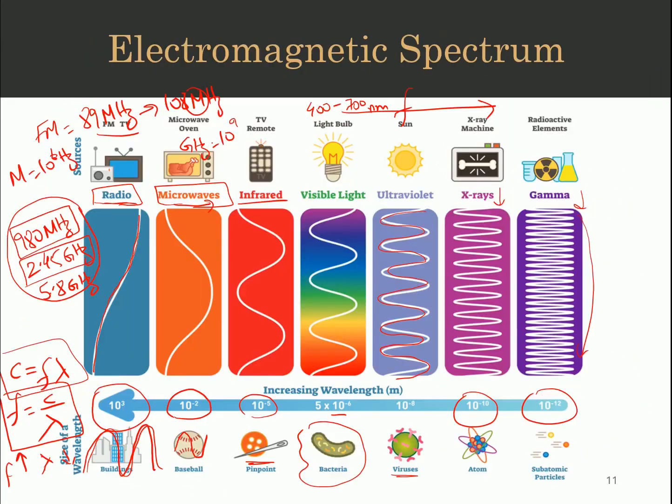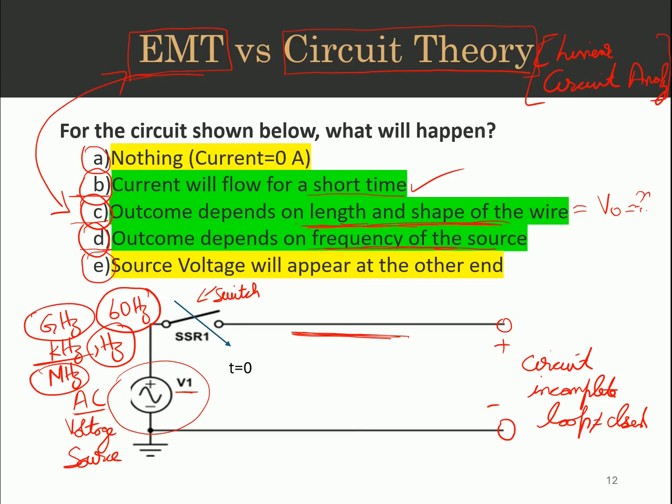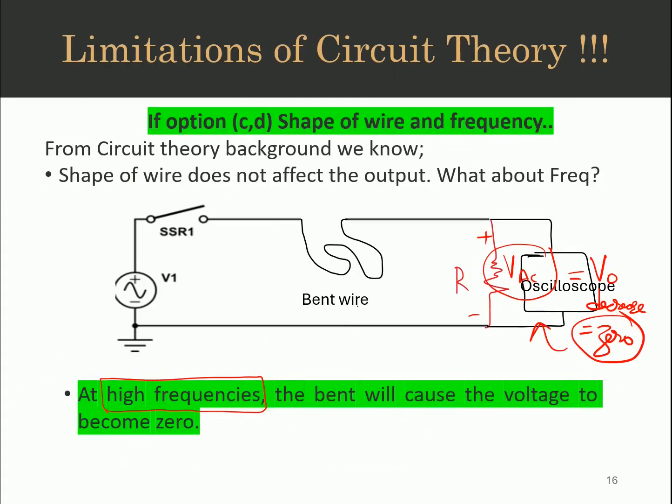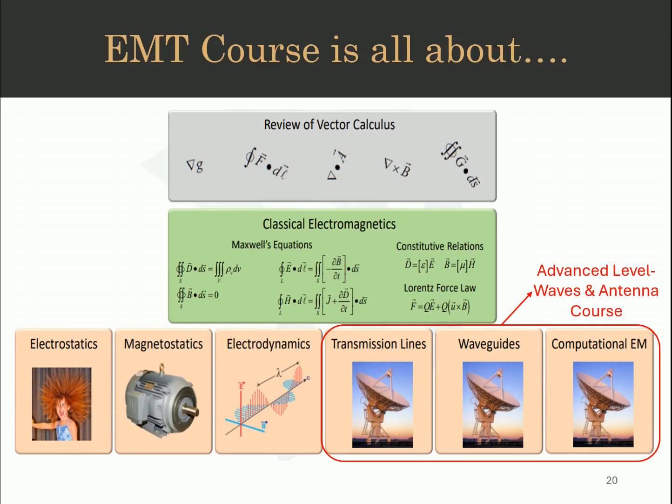So just to summarize, the limitations which we saw in terms of circuit theory, represented in yellow, are overcome by the solutions provided by EMT, and for all these three things highlighted in green. Finally, to summarize what this course is all about, we are going to start our analysis by understanding vector calculus. Basically, we are going to understand how the signals are propagating in free space by considering them in vector form.